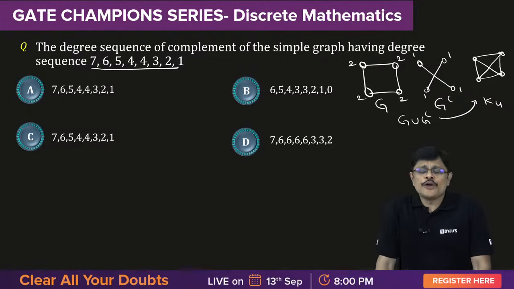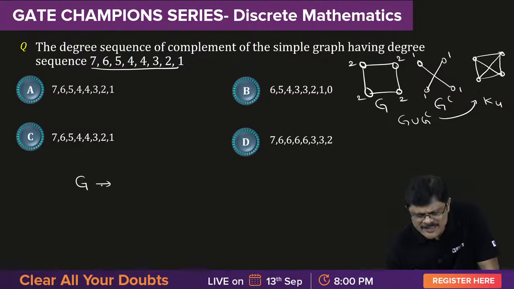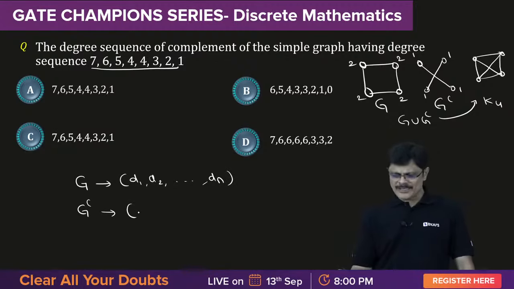Okay? So if you want to get the degree sequence of the complement, for example, the degree sequence of G is D1, D2 and so on, Dn, then what would the degree sequence of the complement graph be?